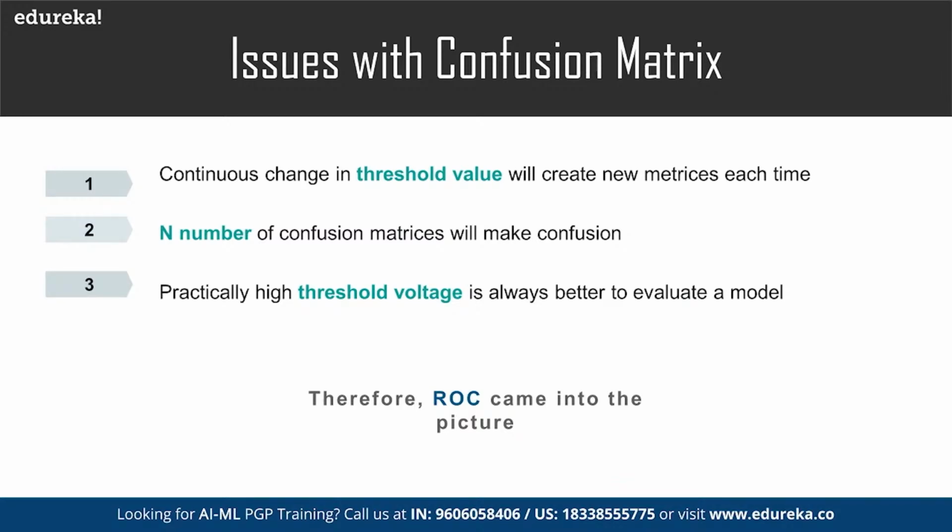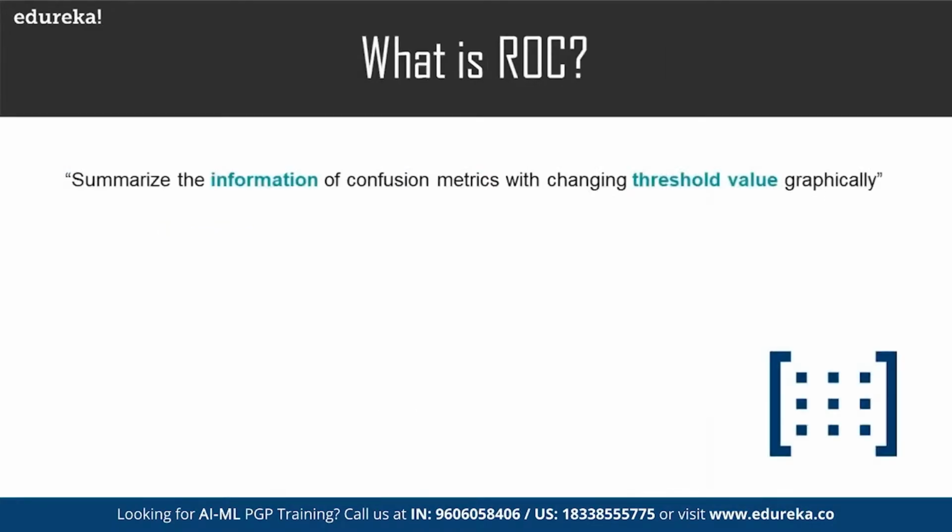And practically, a high threshold value is what we choose for training the model, and it is also often used for evaluating a better model. So that is why ROC, another metric, comes into the picture. We are going to see what that ROC is. It summarizes the information of confusion matrices with changing threshold values.